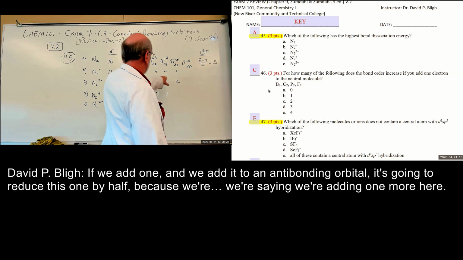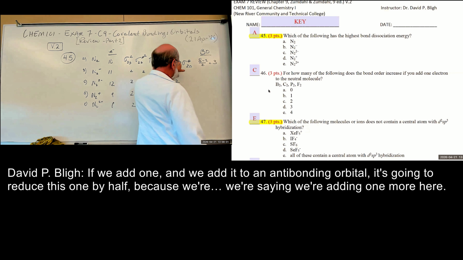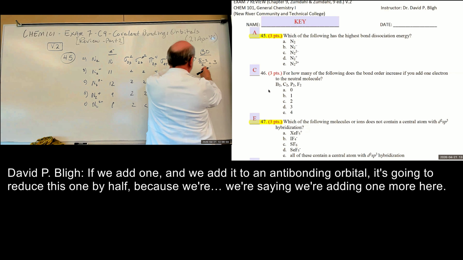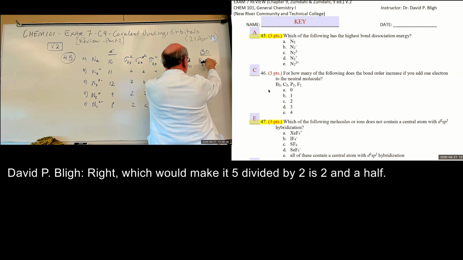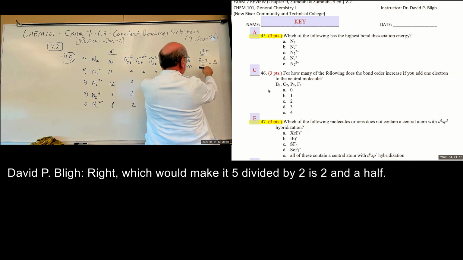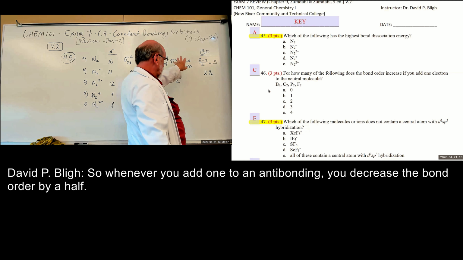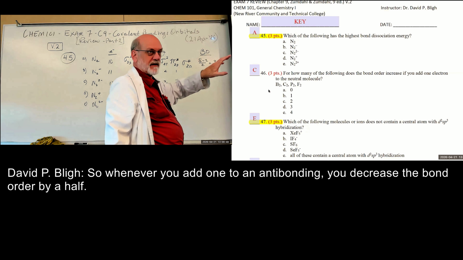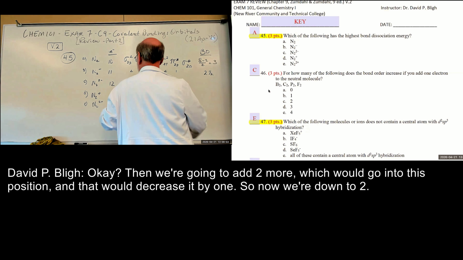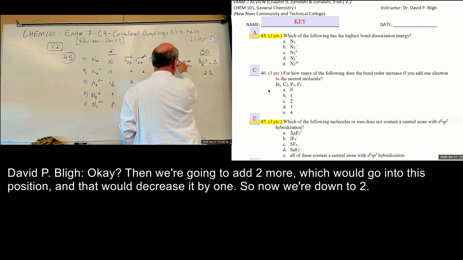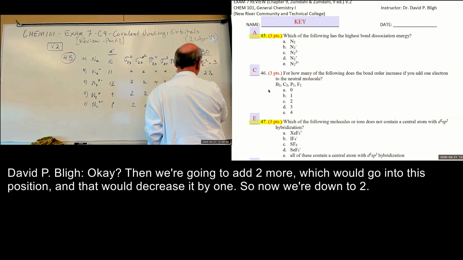If we add 1 and we add it to an anti-bonding orbital, it's going to reduce this one by half, because we're adding 1 more here, which would make it 5 divided by 2 is 2.5. So whenever you add 1 to an anti-bonding orbital, you decrease the bond order by a half, because it's divided by 2. Then we're going to add 2 more, which would decrease it by 1. So now we're down to 2.